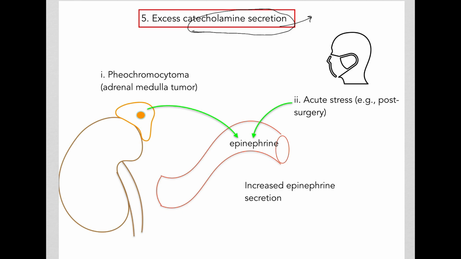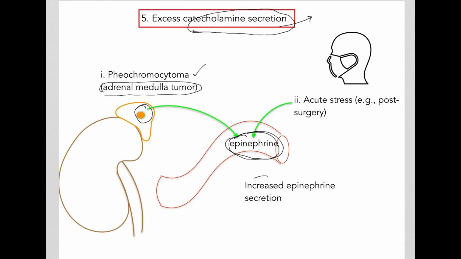So for example, in the adrenal medulla tumor called pheochromocytoma, there are excessive amounts of cells in this tumor that secrete epinephrine. And epinephrine is an example of a catecholamine.